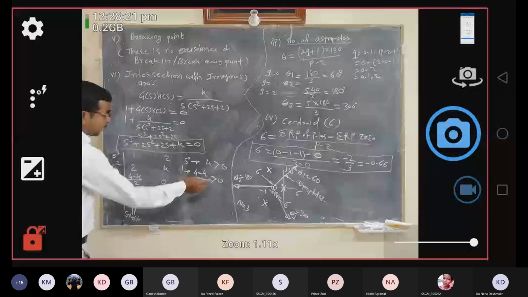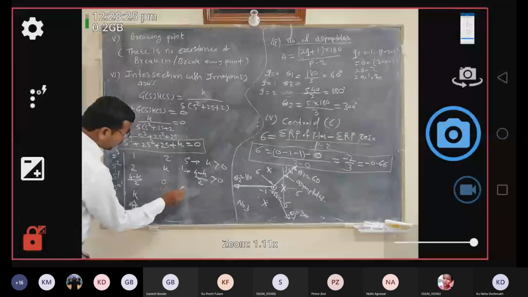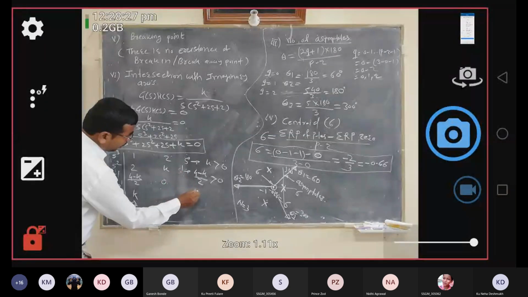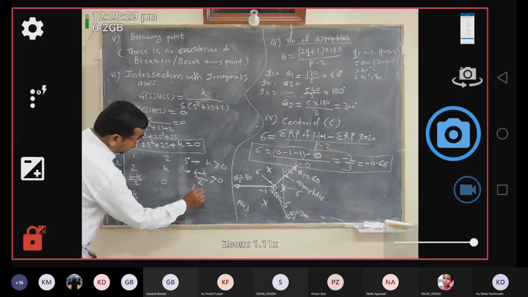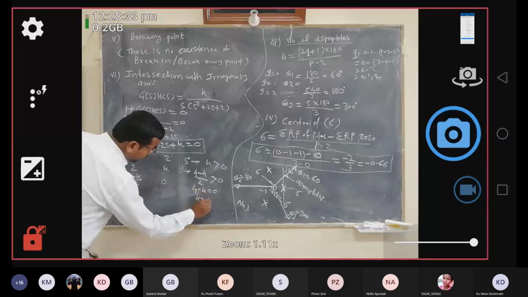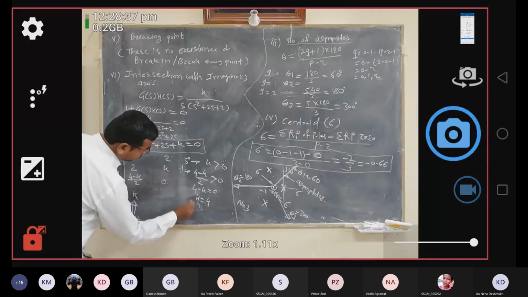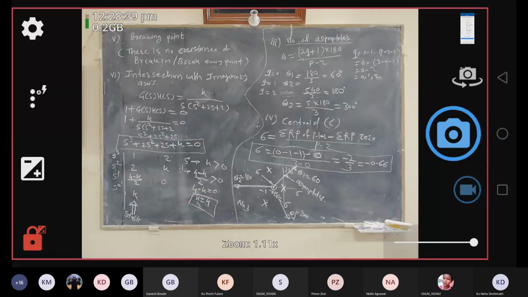So with this assumption, we will get the marginal value of K. So 4 minus K is equal to 0, so here K is equal to 4. So K marginal is equal to 4.